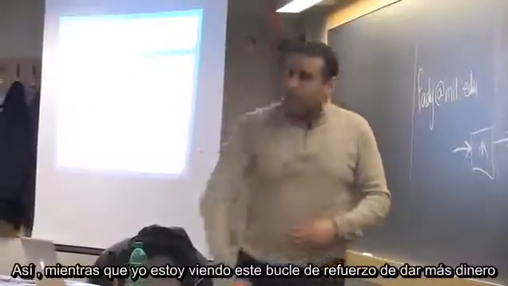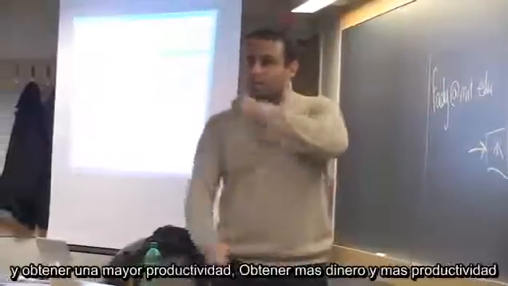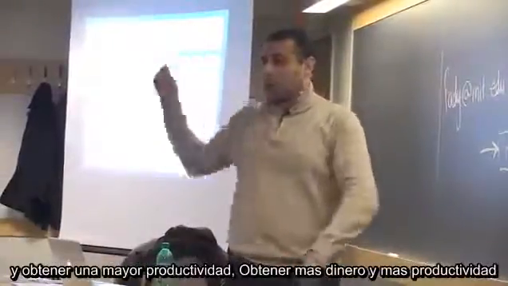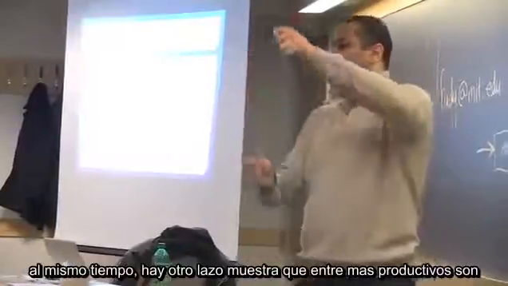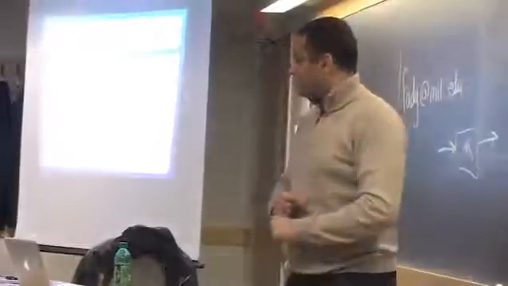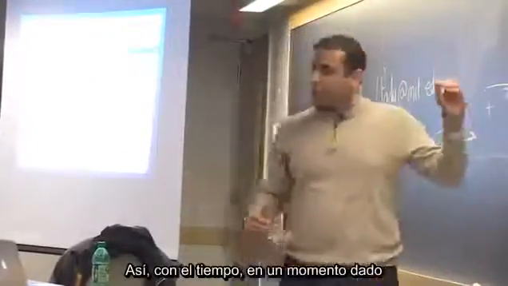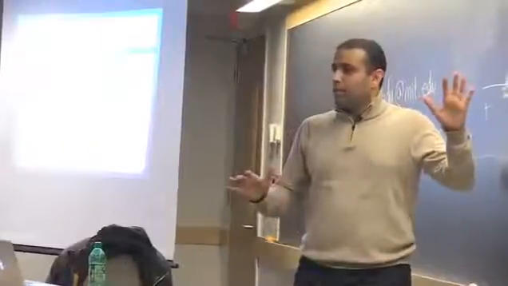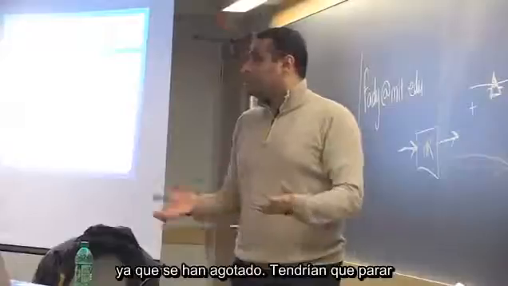So while I'm seeing this reinforcing loop of giving more money and getting more productivity, at the same time there is another loop playing out: the more productive they are, the less energy they will have. Make sense? So eventually at a certain point, it wouldn't matter whether I'm giving them more money or not, because they will be exhausted.